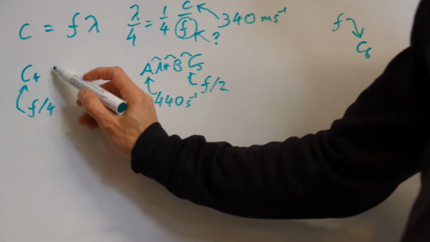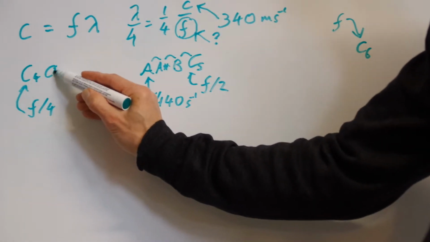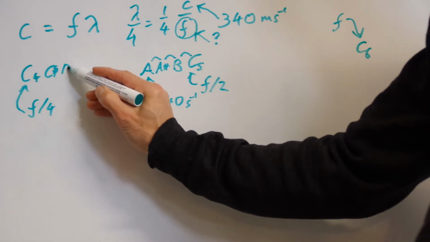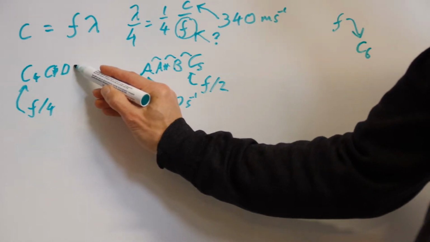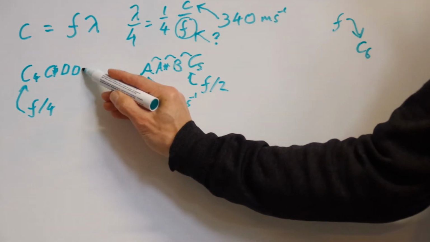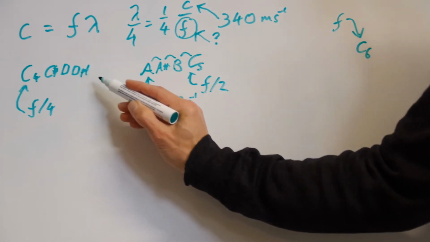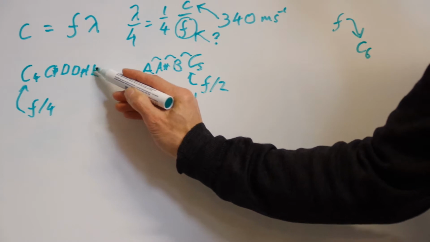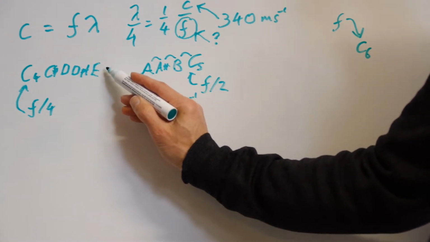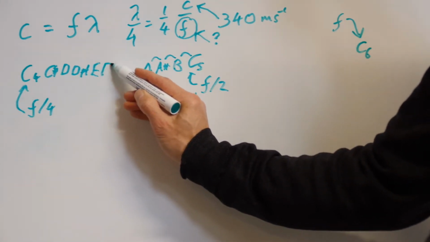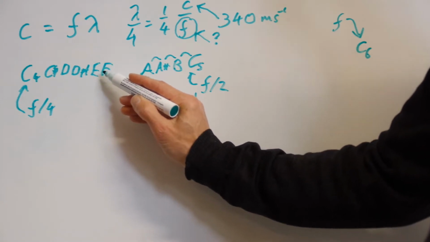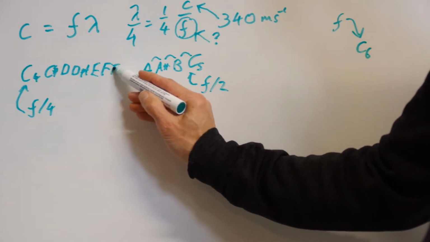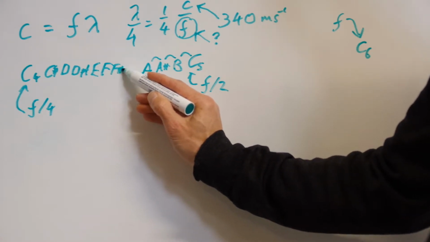From C to C sharp is one semitone, then C sharp to D, then D to D sharp is another semitone. Then we've got D sharp to E. Now another peculiarity of music, between the E and the F there's no sharp, but then there is certainly an F sharp.